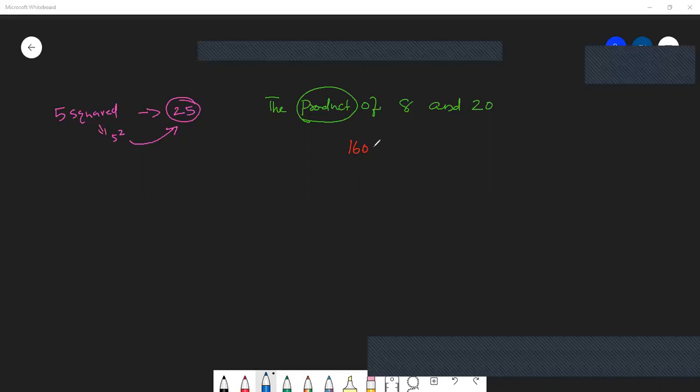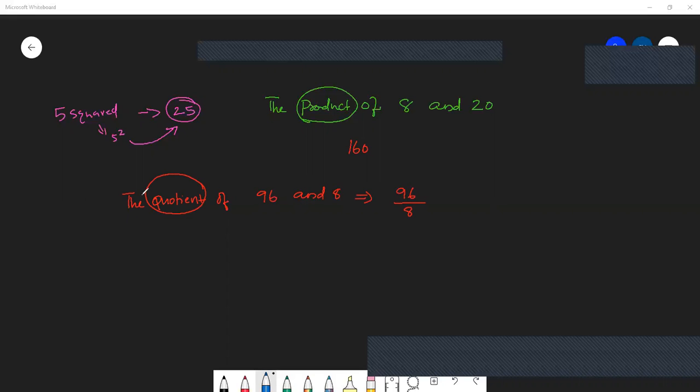And if in a word problem it says the quotient of 96 and 8. We know what quotient is. Quotient means division. So what you need to do is divide 96 by 8.